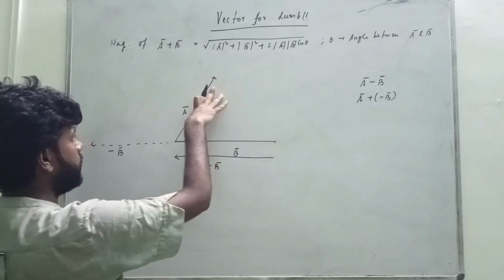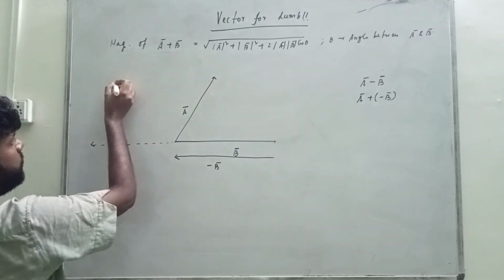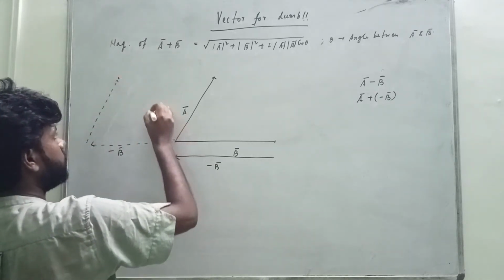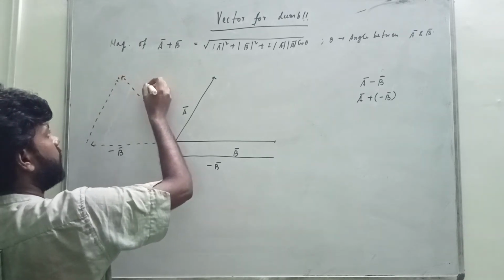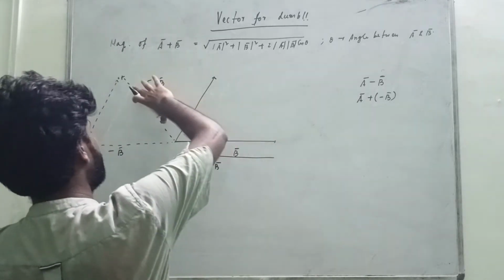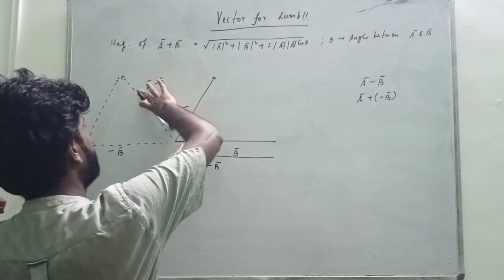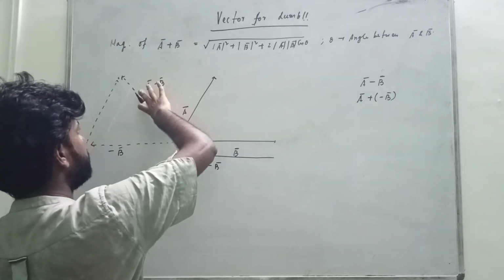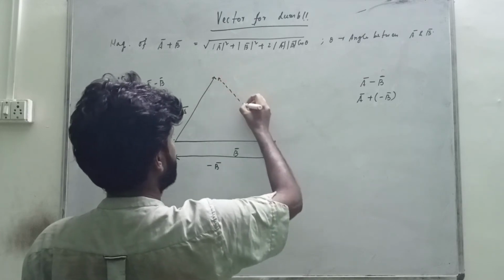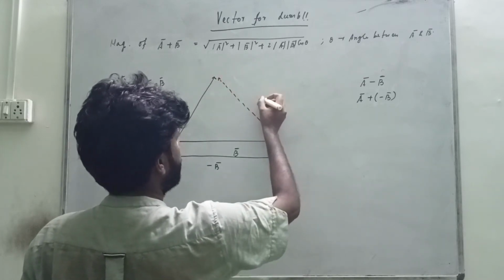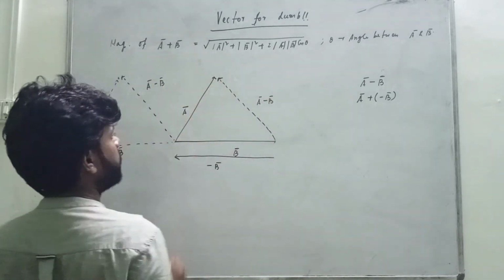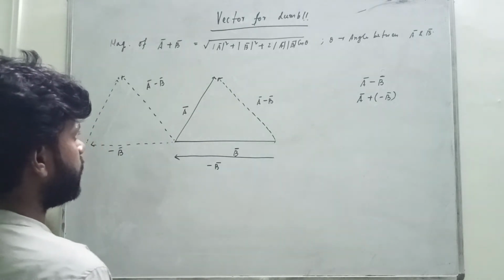Just transfer it from here to there by parallel transformation, and just connect these two things. So it is actually our A minus B. And now just transfer A minus B from here to there, a parallel transformation. So it is our A minus B. Very simple thing. Just think of the direction of A minus B. It is here.